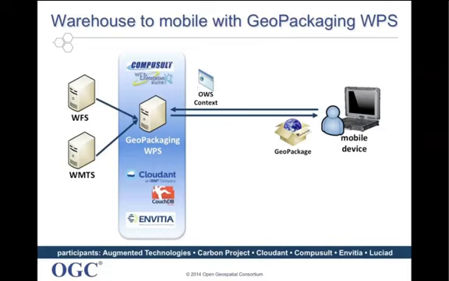The GeoPackaging WPS goes off, reads and parses that context document, finds all the services, and decides whether it can read them. In this project, we implemented the support for web feature service and web map tile service.